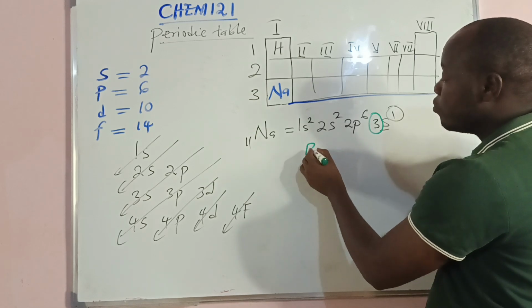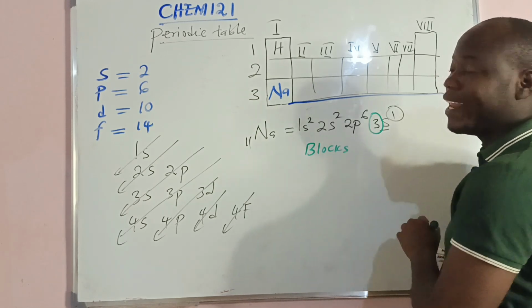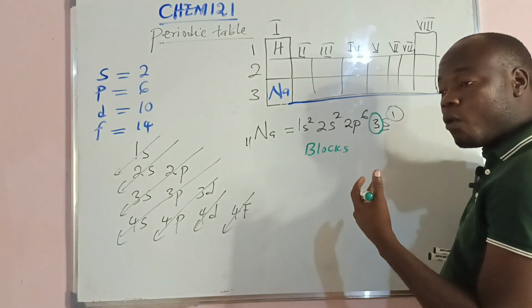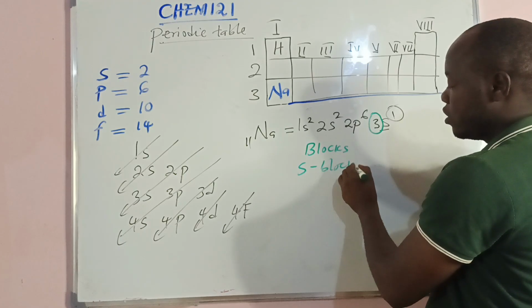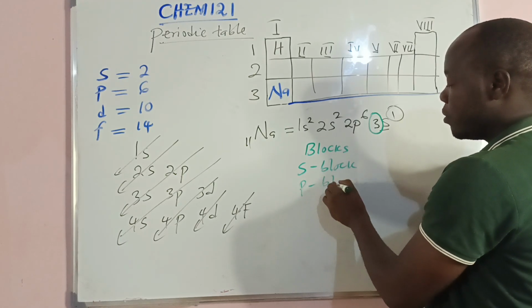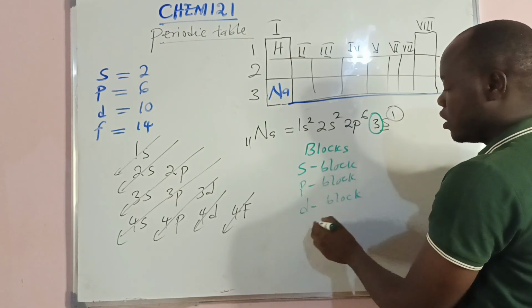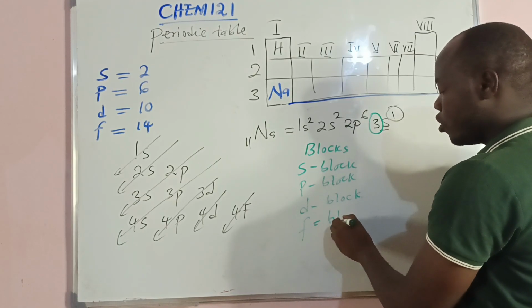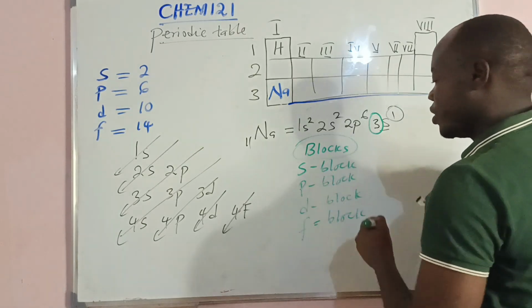We have different types of them. We have S block element, P block element, D block element, and then F block element. So these are the blocks that we have.